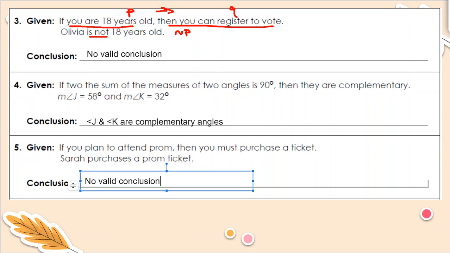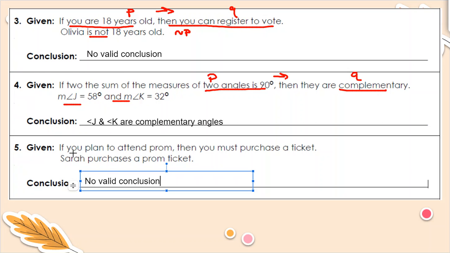For this one, if the sum of the measures of two angles is 90, then they are complementary. And here we've been given two angles whose sum is 90 degrees, so we're able to draw the conclusion that they are complementary.